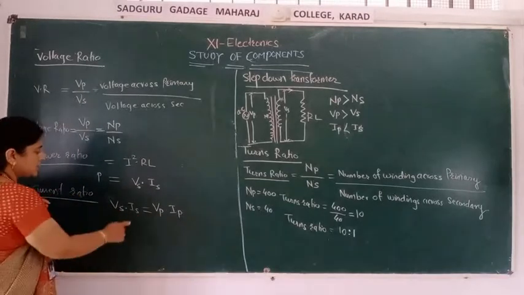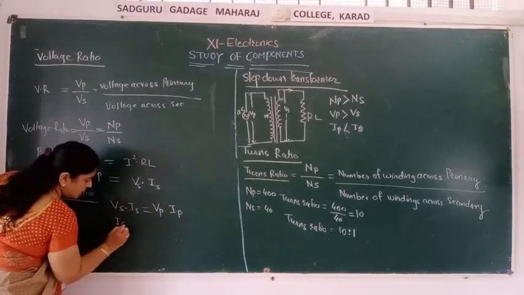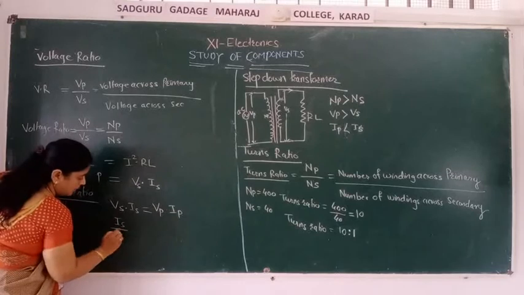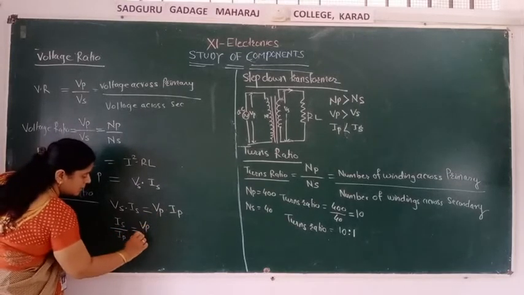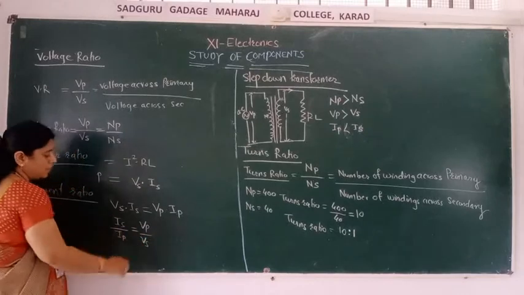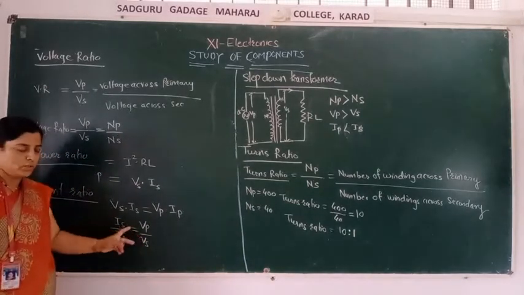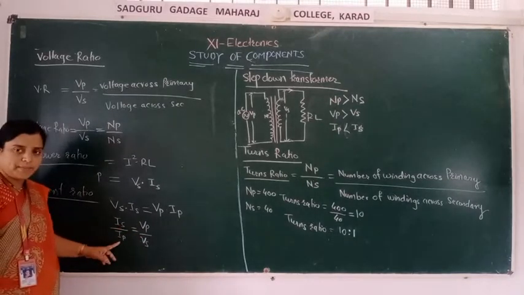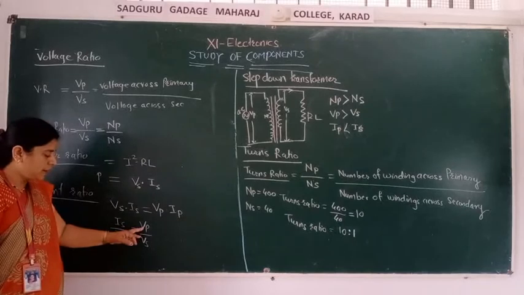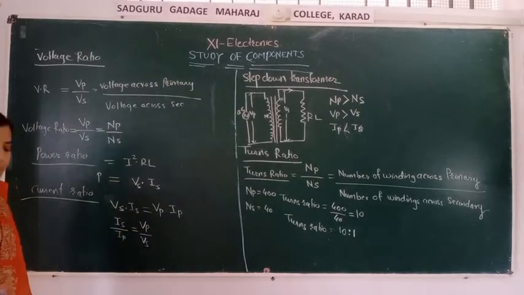Then what happens here? I will take the current on one side and the voltage on one side. Then Is divided by Ip in the denominator, then Vp as it is and Vs in the denominator. So the current across the secondary upon the current across the primary is equal to the voltage across the primary upon the voltage across the secondary, which is nothing but the turn ratio.